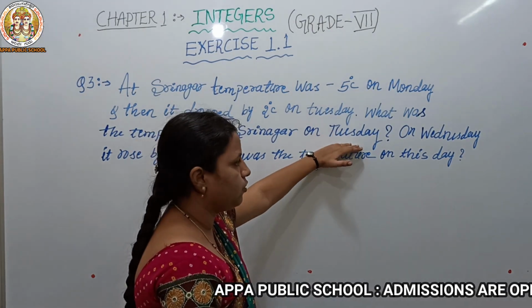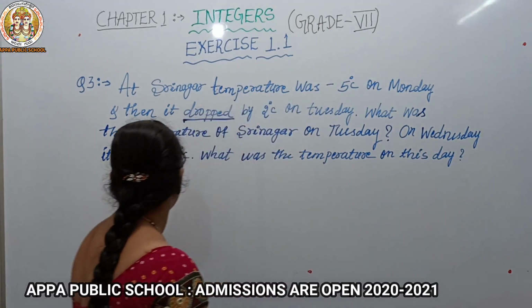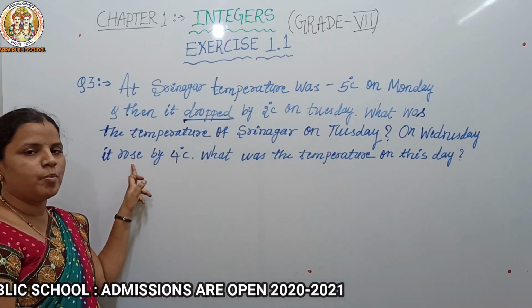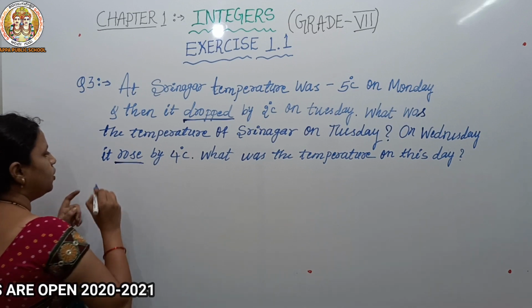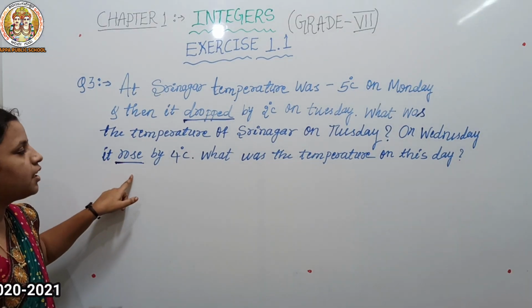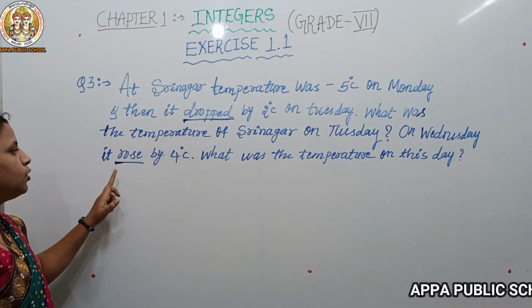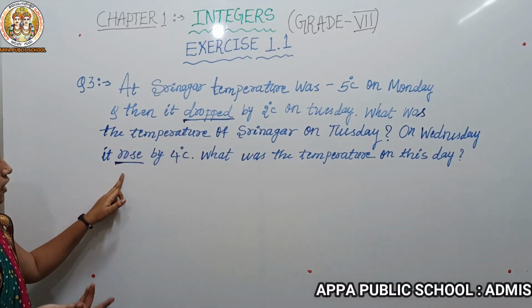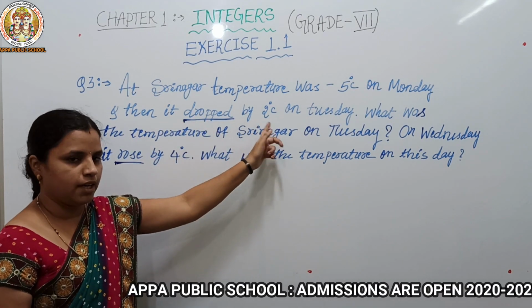Okay, this is one question. And again the question continues here. On Wednesday, it rose by 4 degrees Celsius. Here, rose means it is increased. Dropped means decreased. Rose means it is increased. Here you should take a drop as minus.